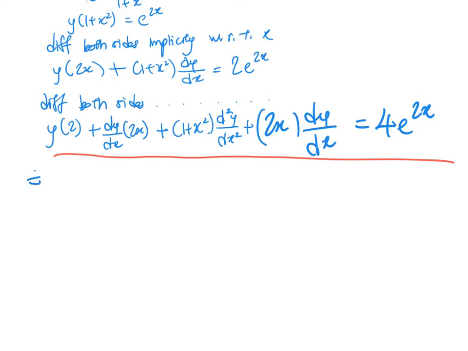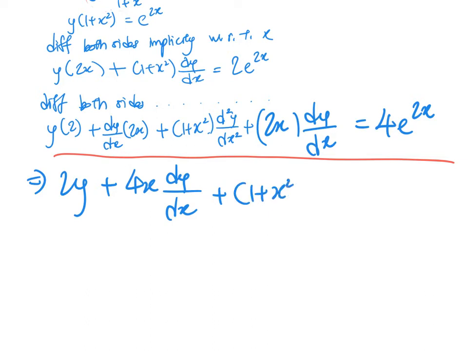So we have 2y plus 4x dy dx plus 1 plus x squared d2y dx squared equals 4e to the power 2x.